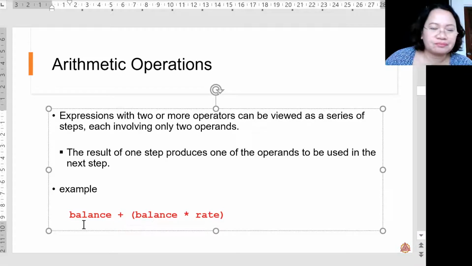Now, when you're using computers, kung wala parenthesis, it will follow left to right na evaluation for binary operators, no? Pero kung makakita na siya ug multiplication, it actually follows the MDAS rule.